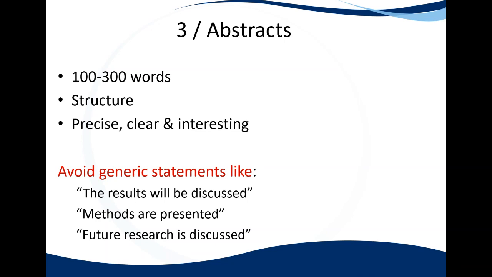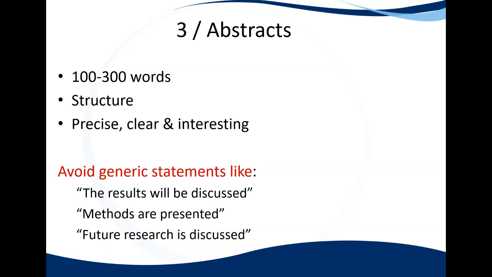And in your abstract, try and avoid generic statements like the results will be discussed. If you have about 300 words and you say to me the results will be discussed, you're not really telling me much, and I might not really be interested or inclined to want to read your work. Methods are presented. What does that mean? Future research is discussed.